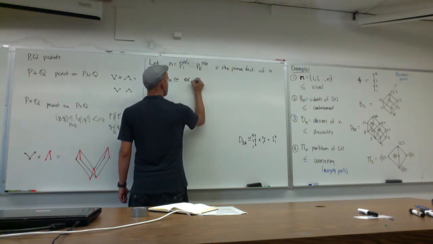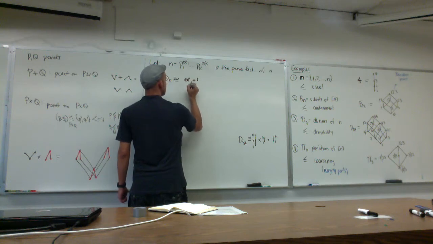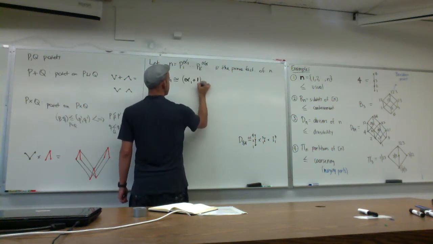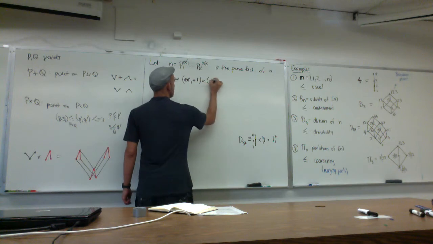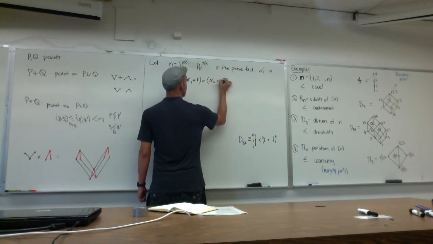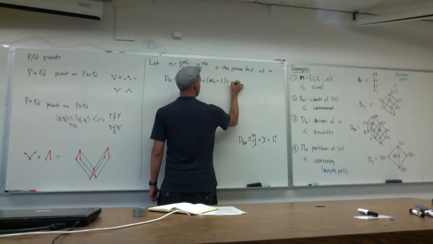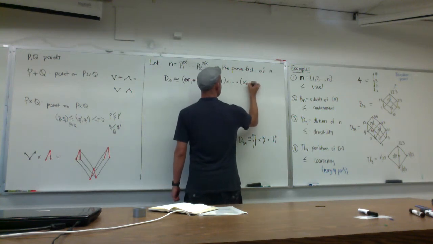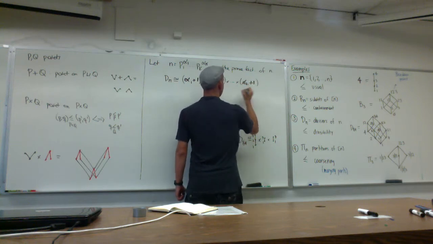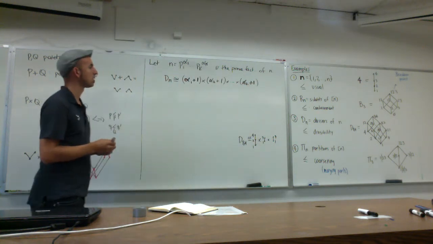Okay, so this was supposed to be bold. Alpha 1 plus 1 times alpha 2 plus 1. These are the chains.